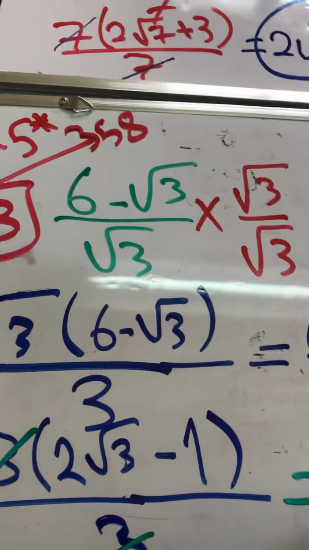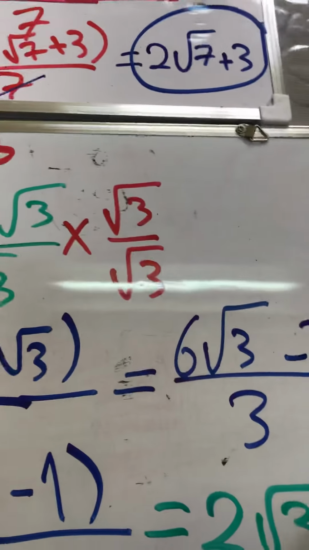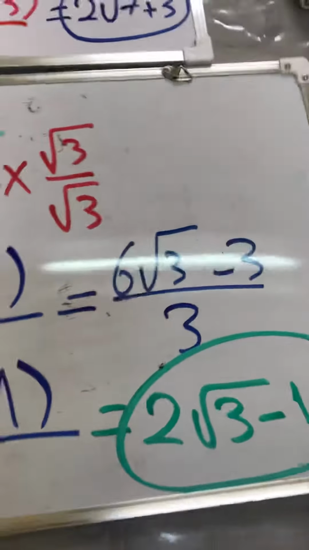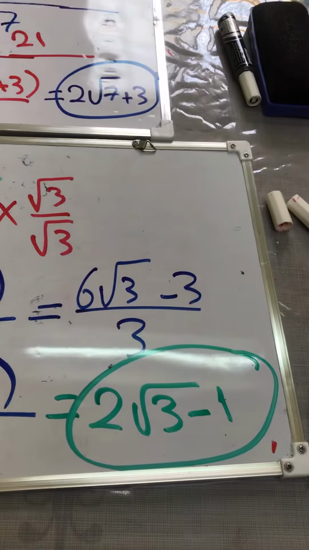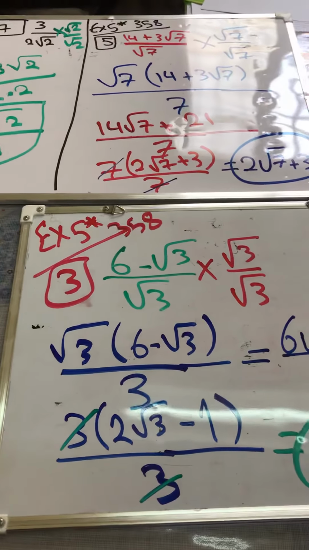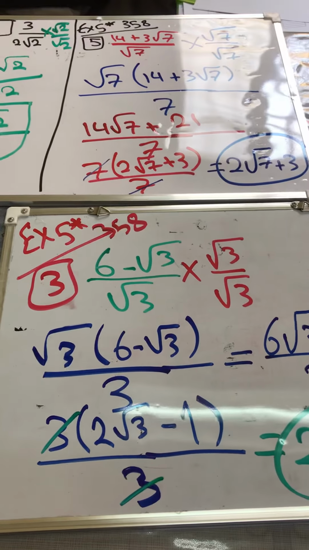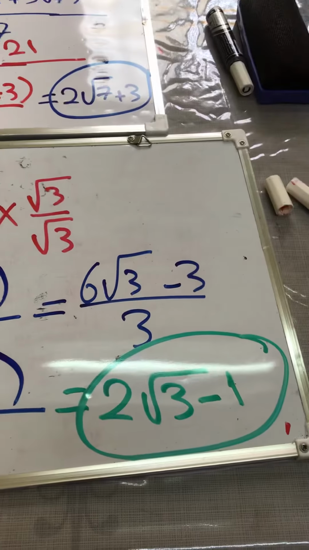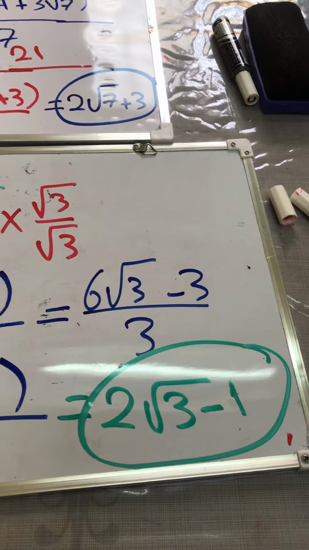So the answer is 2 square root of 3 minus 1. Okay, this is exercise 5 star, page 358, number 3. The answer is 2 square root of 3 minus 1.